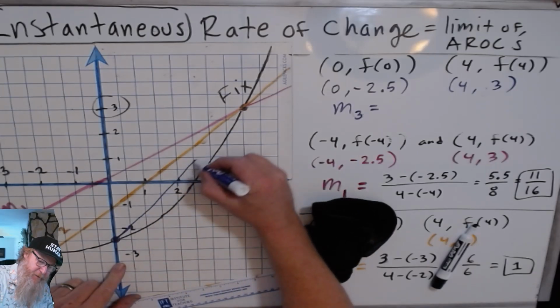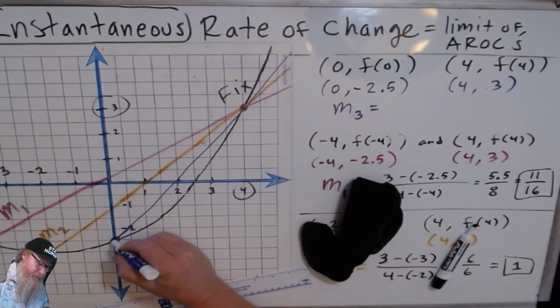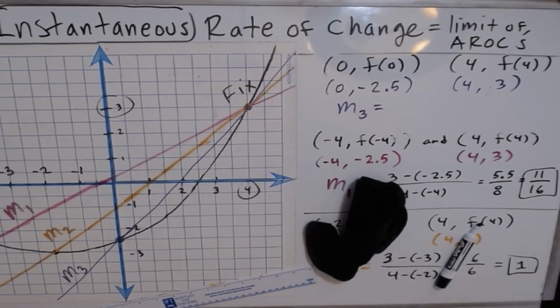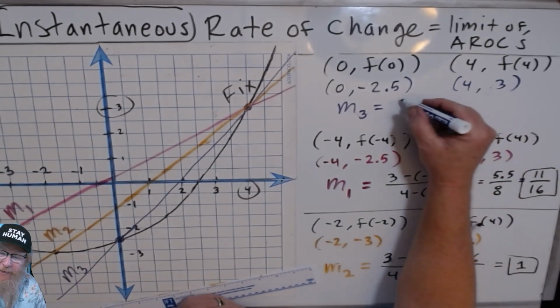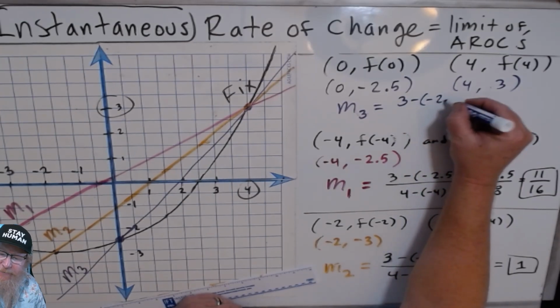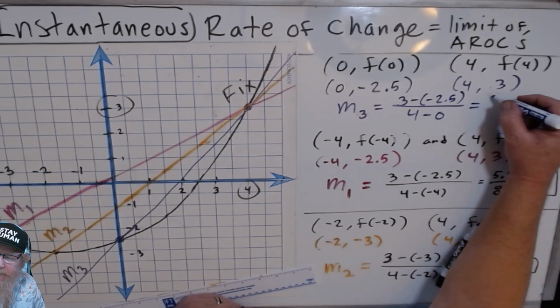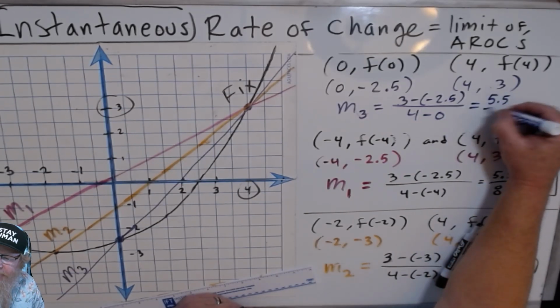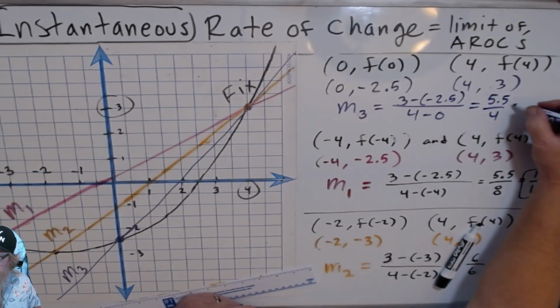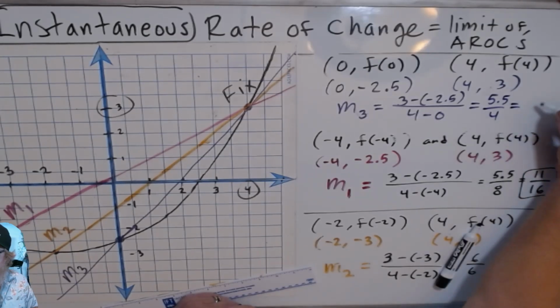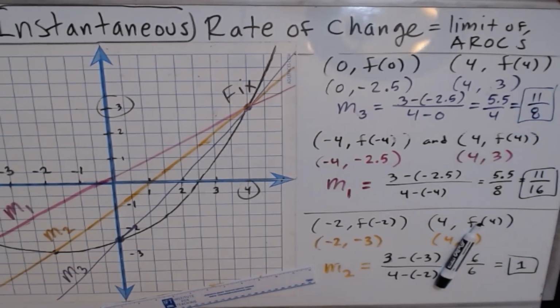I'm just going to freehand this one. That's our M3. So that's going to be 3 minus -2.5 over 4 minus 0, which is 5.5 over 4. Again, if I want a nice fraction, I multiply the top and bottom by 2, and I get 11/8.